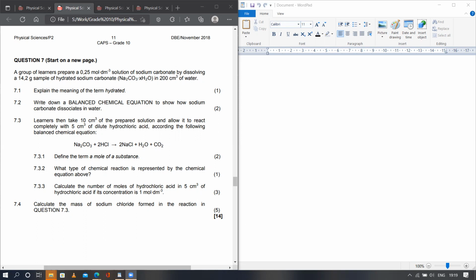So first thing first, we write down our units and we convert them to their SI units. So the concentration of Na2CO3 is gonna be 0.25.